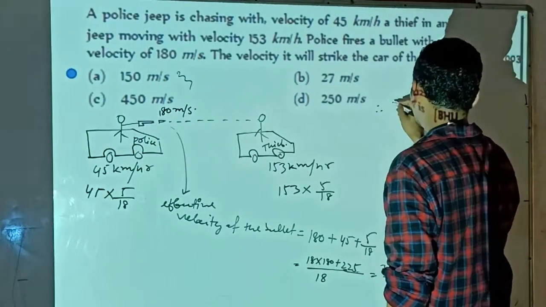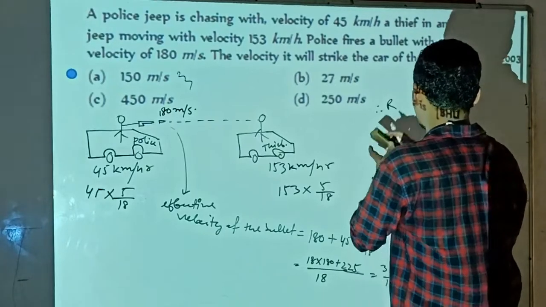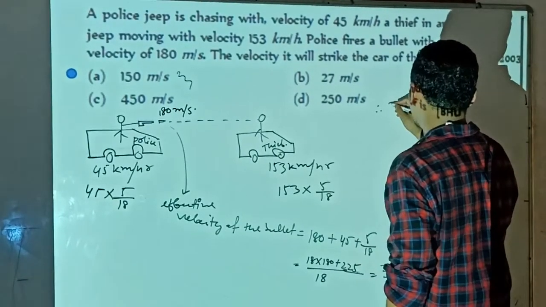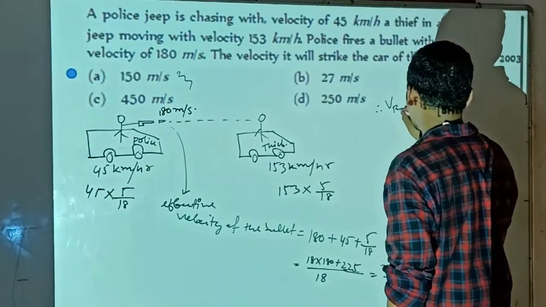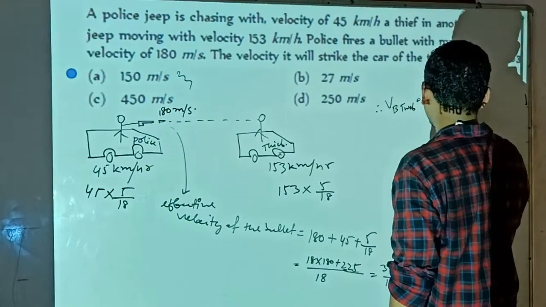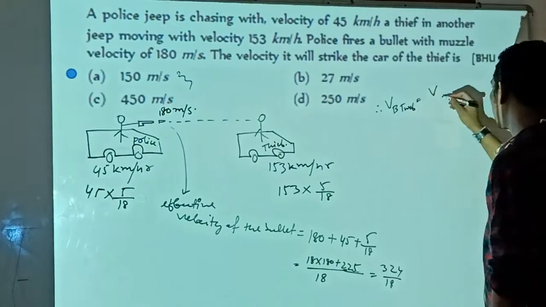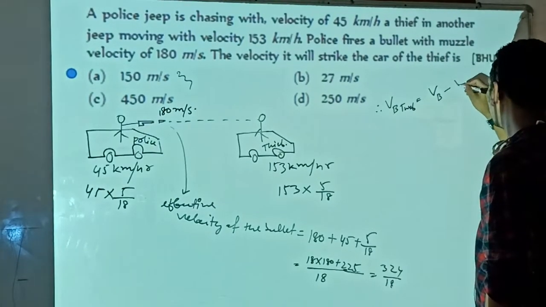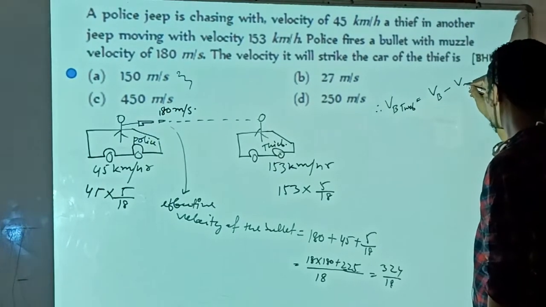Therefore relative velocity of bullet with respect to thief will be relative effective velocity of bullet minus velocity of thief.